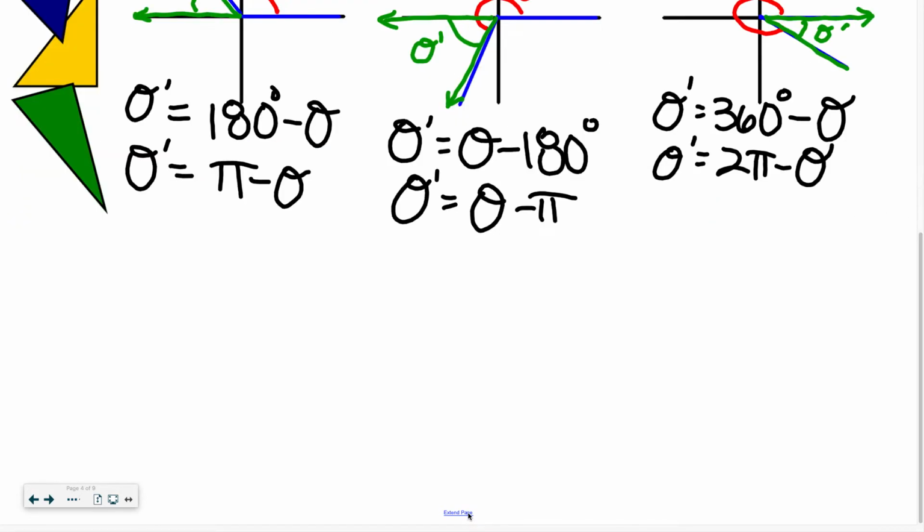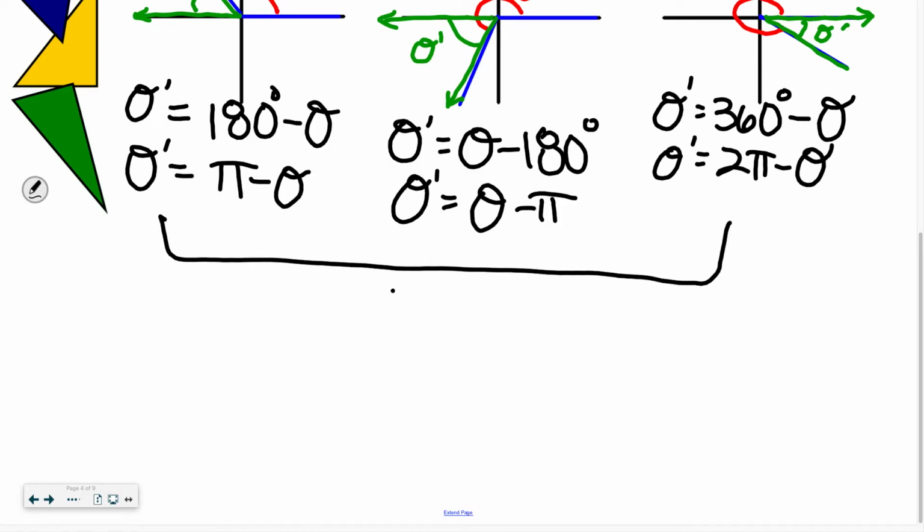Now I do have some disclaimers for these statements at the bottom of the screen. To use all of these, it's only if theta is in a specific range. So if I want to do 180 minus theta, any of these things, theta needs to be between 0 and 360.